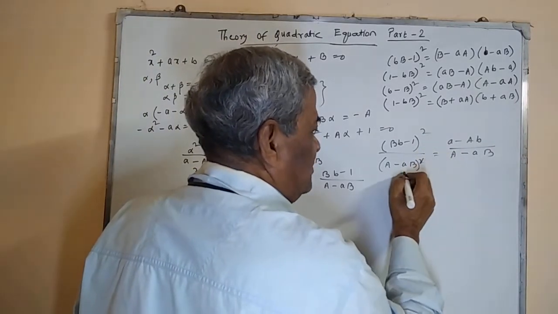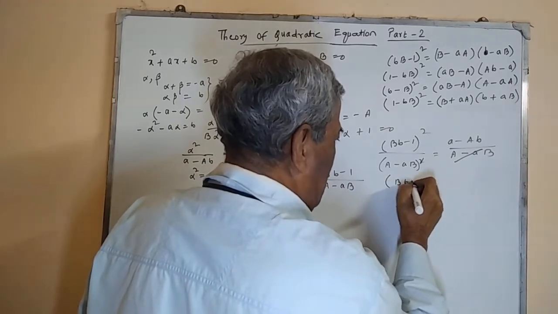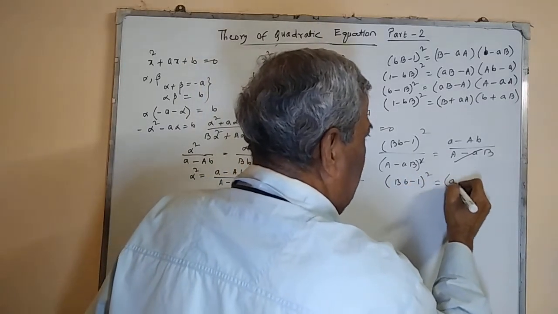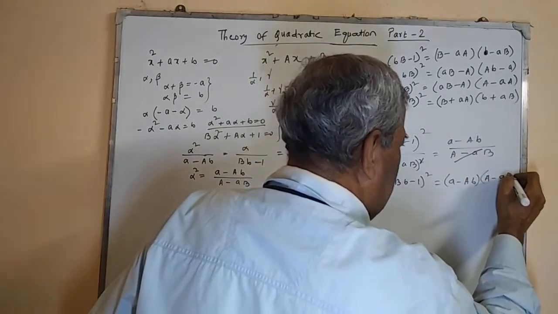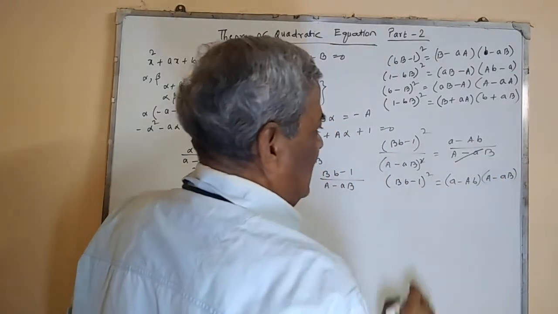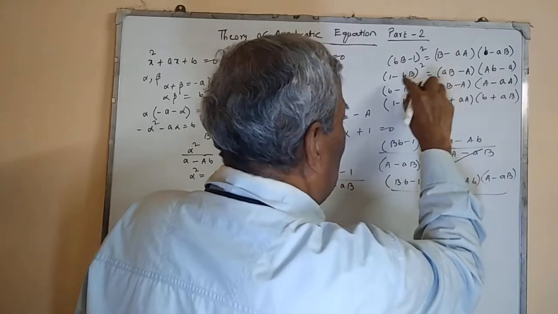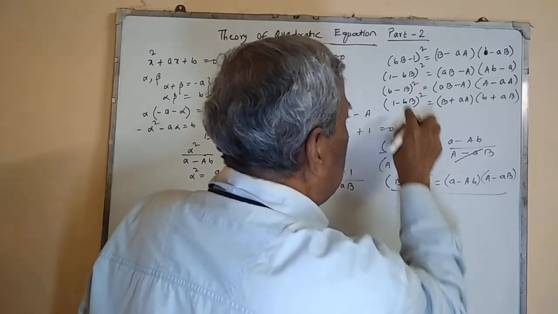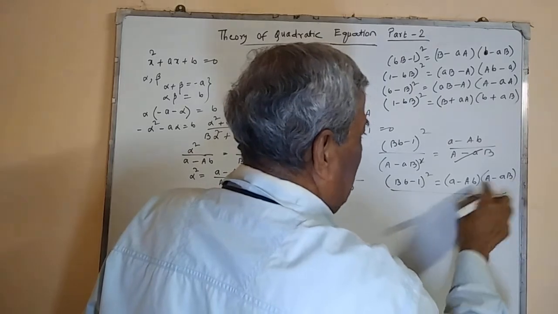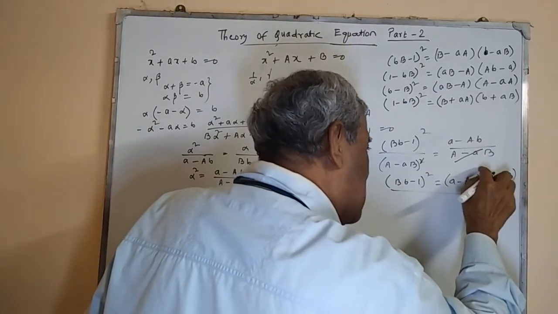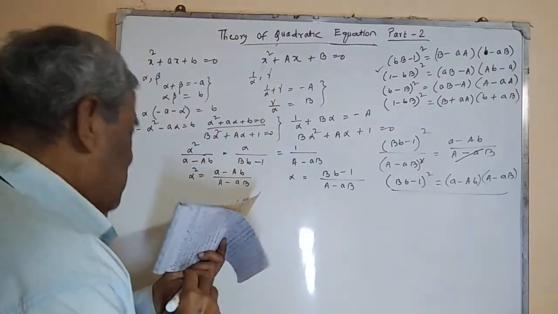Cancelling, we get (B minus 1) whole square is equal to (A minus AB) into (capital A minus A capital B). I think answer is this one, so we have to search which one is true. (1 minus B) whole square, this one, is equal to (A minus AB). Taking minus 1 from this and that, our answer is this. So option B is correct.